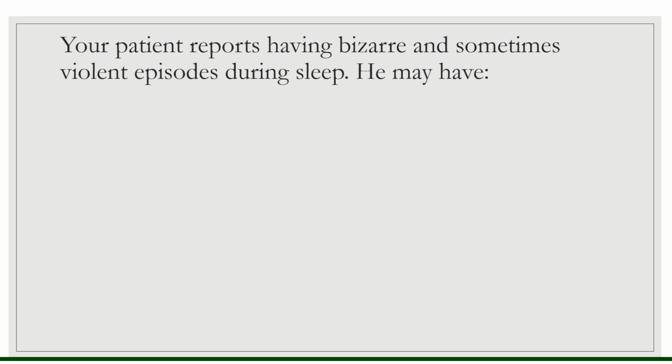Your patient reports having bizarre and sometimes violent episodes during sleep. He may have what? This should be an easy one. A parasomnia, more specifically, REM behavior disorder. REM behavior disorder is called a parasomnia.